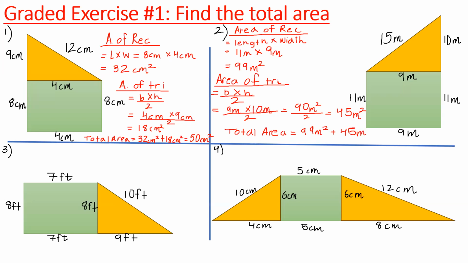And what did you get at the end? 144 meters squared. 99 plus 45 is 144.